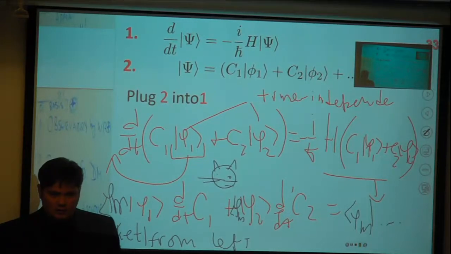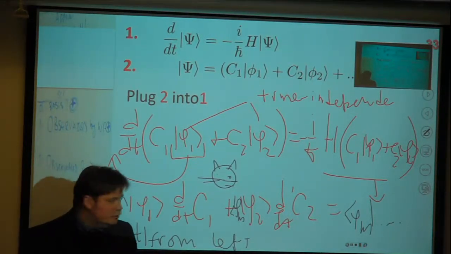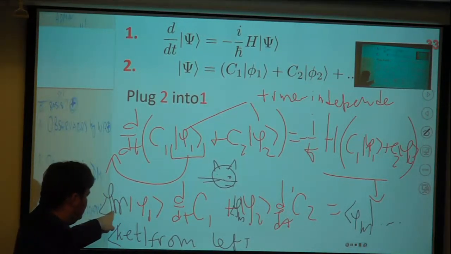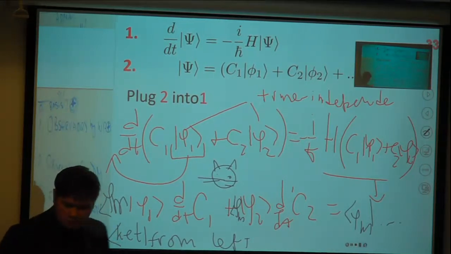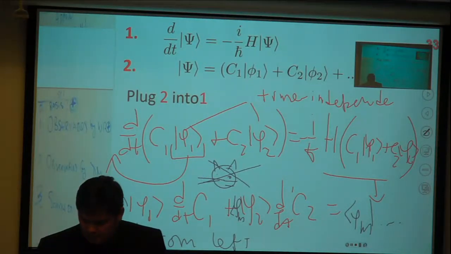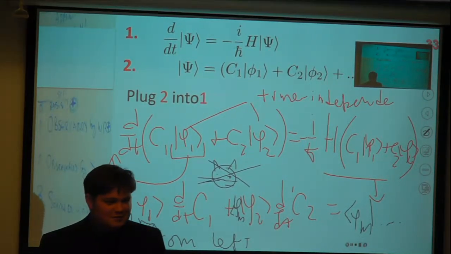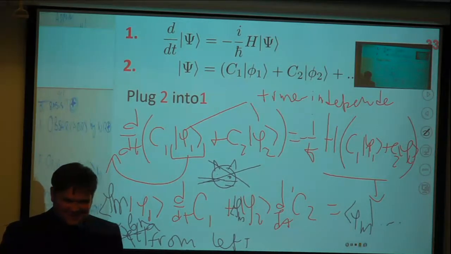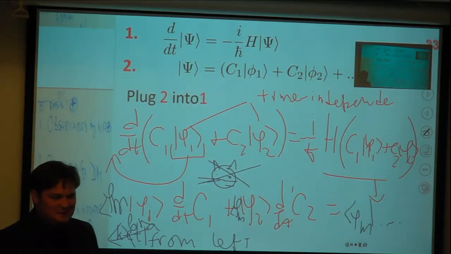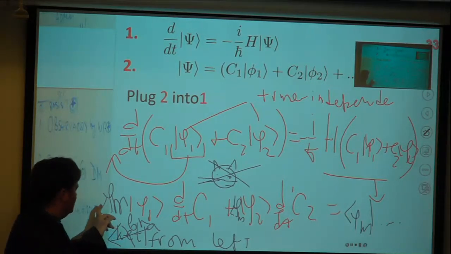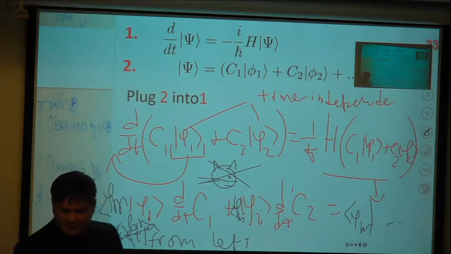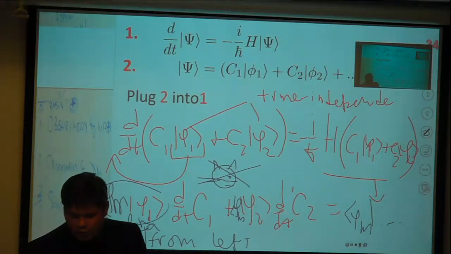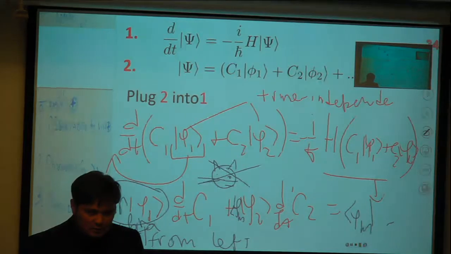Why are we doing it? Because due to orthogonality, these terms will convert into numbers.